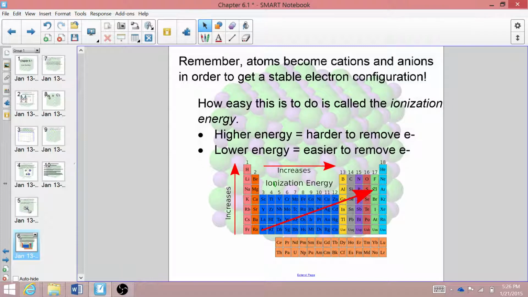Now over here, these are harder to remove the electrons. That doesn't mean that these are less reactive. It turns out that the halogens are also really reactive because they only need a difference of 1 electron. They only have to gain 1 electron to have a noble gas configuration, a full valence shell.